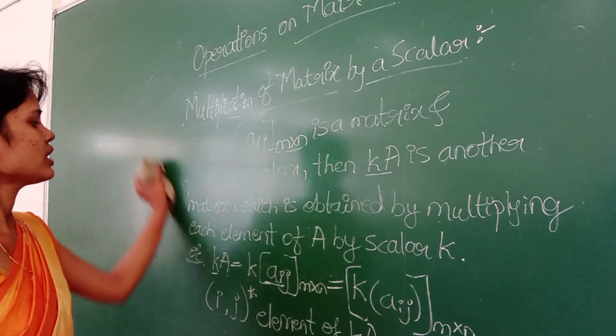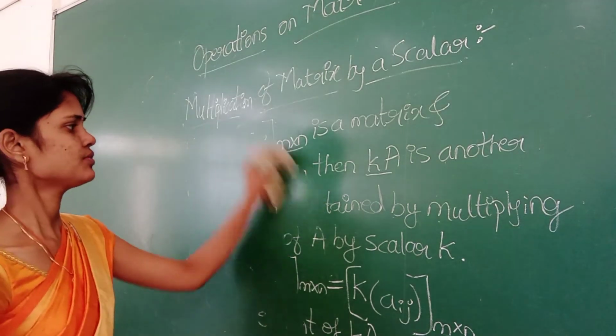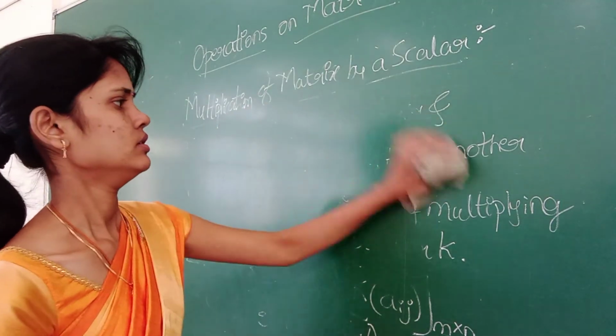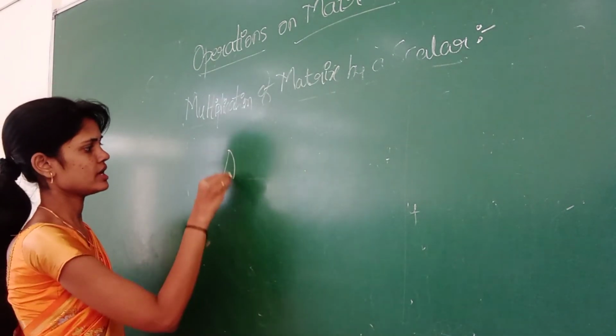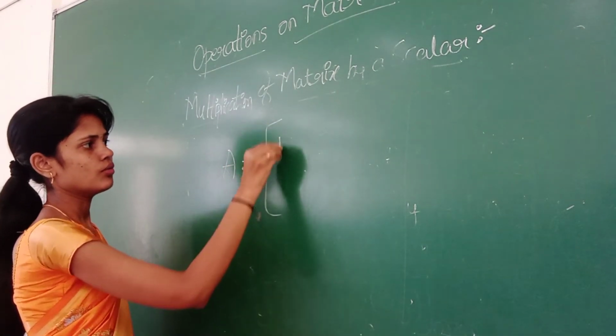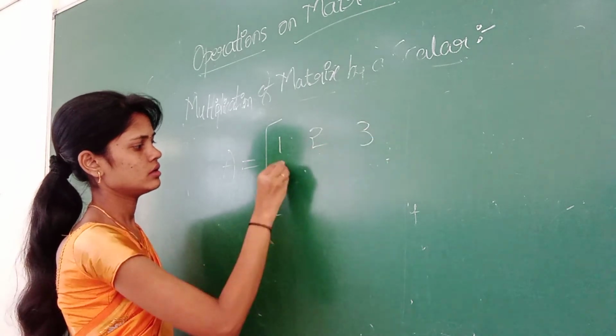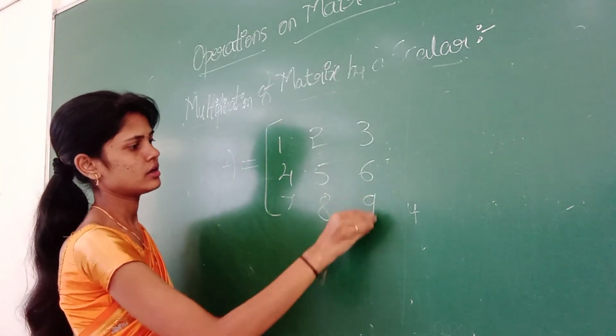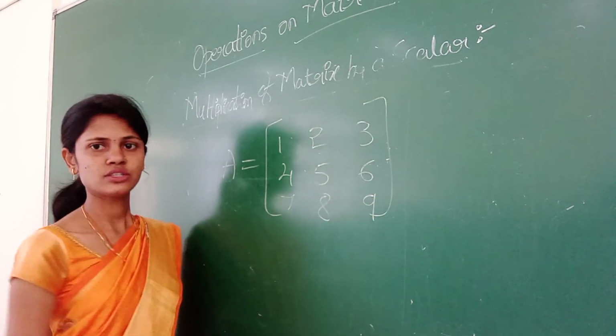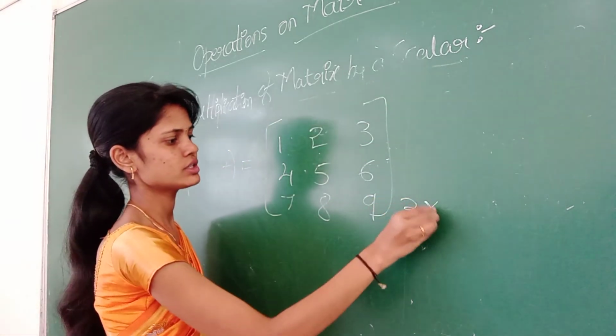See, if you consider one example, that is for the matrix A, you will be having matrix A here. A is equals to 1, 2, 3, 4, 5, 6, 7, 8, 9. So this is of the order 3 cross 3.